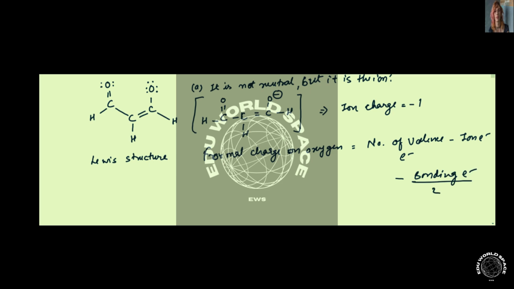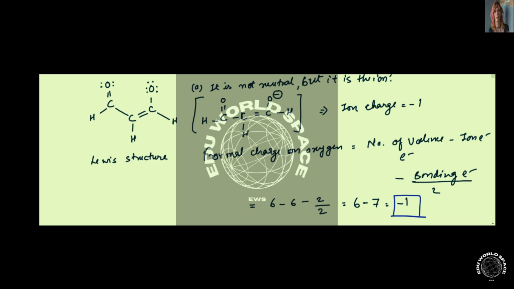The number of valence electrons is 6, minus lone pair electrons, which is 6 again, and minus bonding electrons, which is 2, so 2 by 2. So this will give us 6 minus 7 equals -1. So this is the final formal charge.